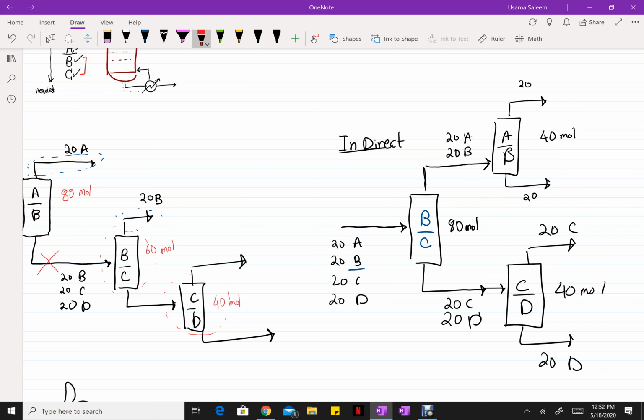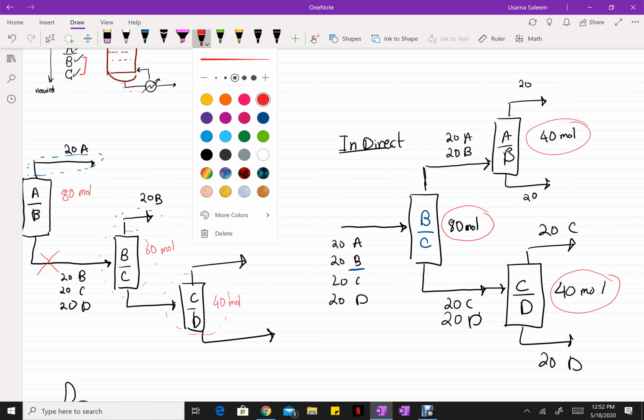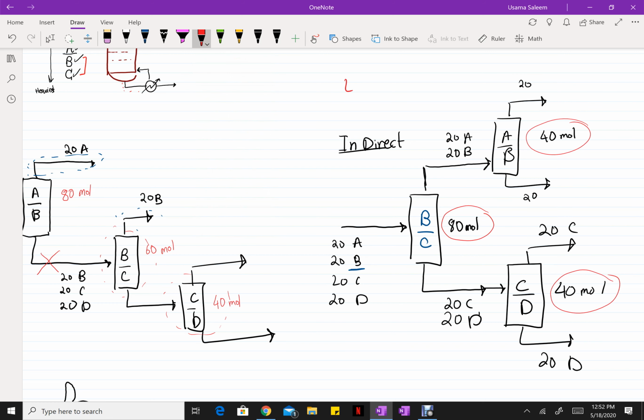Okay, now let's compare the fluid loads. First column 80, second column 40, third column 40. So the total load of this sequence is going to be 80 plus 40 plus 40, 160 moles. Now that's obviously not the actual number of moles it's processing, but it's a rough estimate.